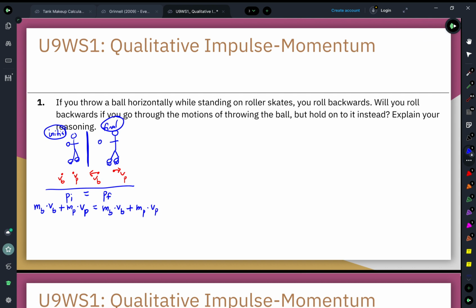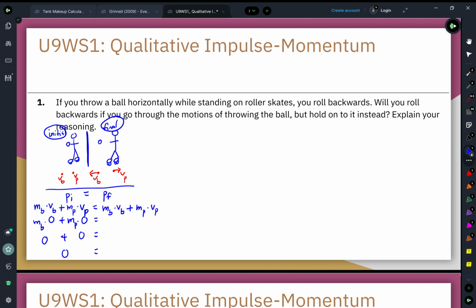We know that both the ball and the person have a velocity of 0. So it doesn't really matter what their masses were, because any number times 0 is going to give us 0. So overall, our total momentum before is going to be 0.